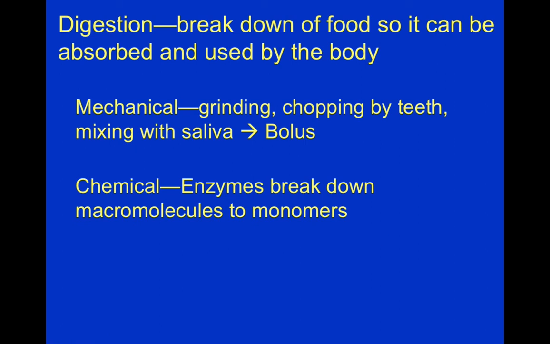Chemical digestion is primarily what we're going to discuss here with digestive physiology, and we'll see that enzymes are going to play an extremely important role in doing this. Just as a reminder, enzymes are going to bind to a substrate and catalyze a chemical reaction. So it is during chemical digestion that enzymes are going to take the macromolecular forms of substances and break them down into simpler constituents.